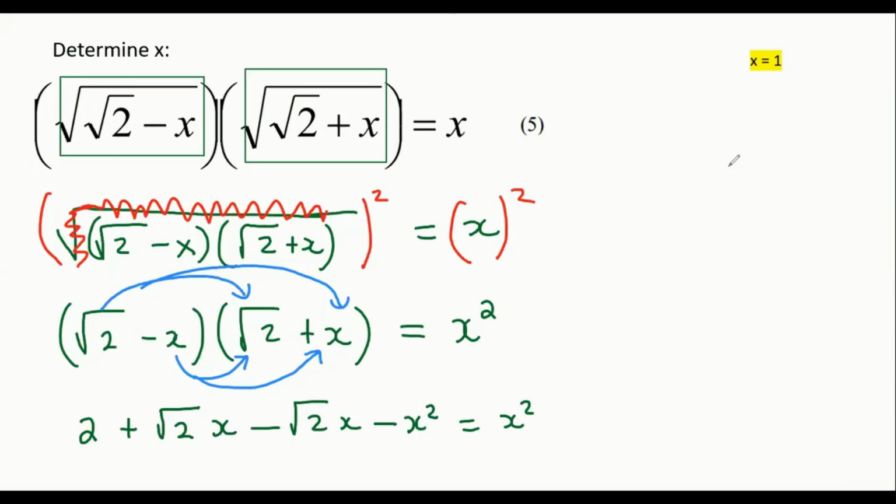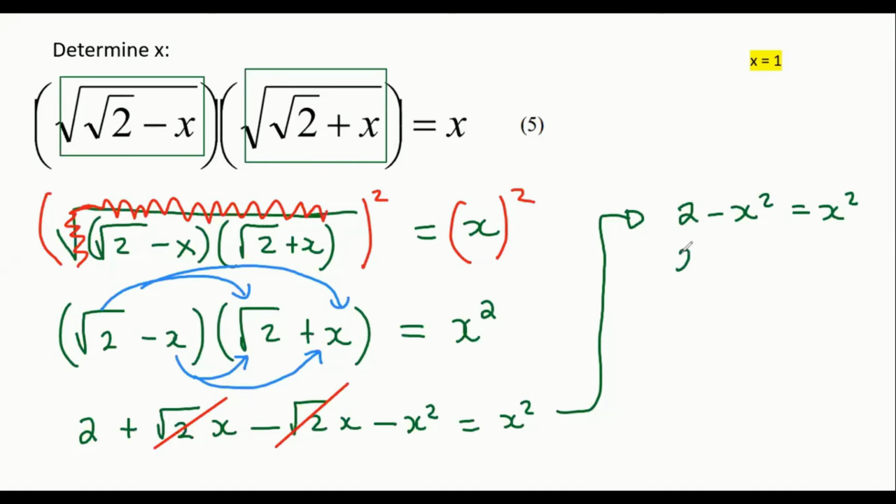Okay, what we should identify then is that this term is going to cancel with this term over here because the one is a plus, the other one is a minus. And so I'm going to carry on over here. What we should be left with is 2 minus x squared equals x squared.